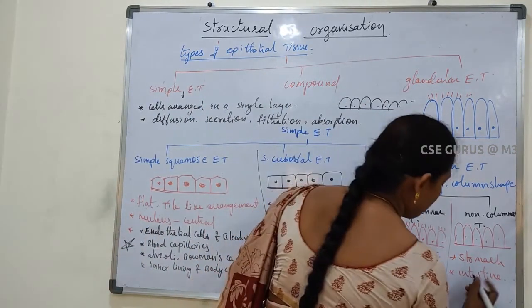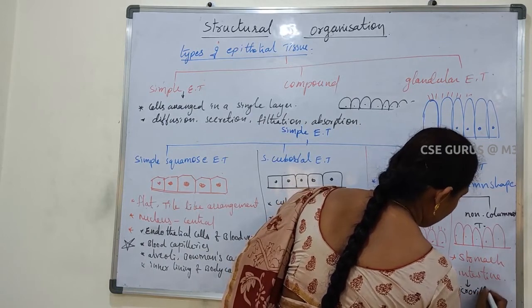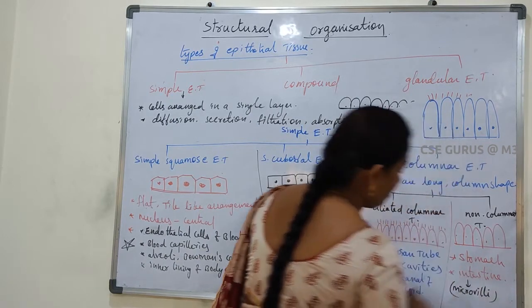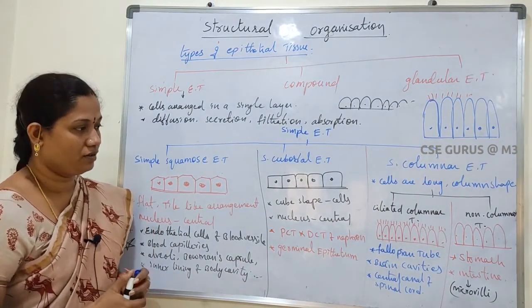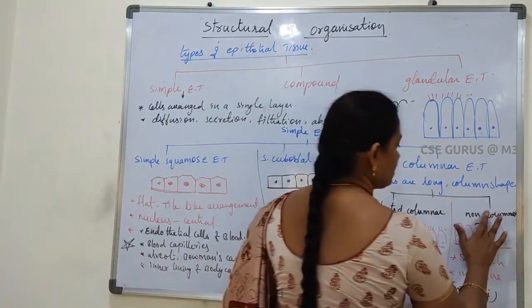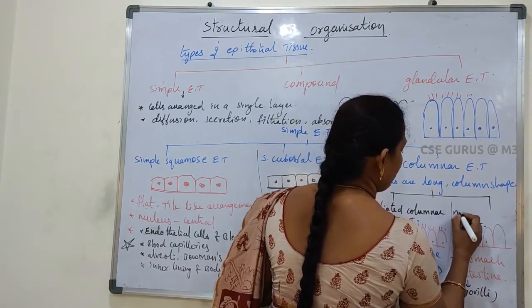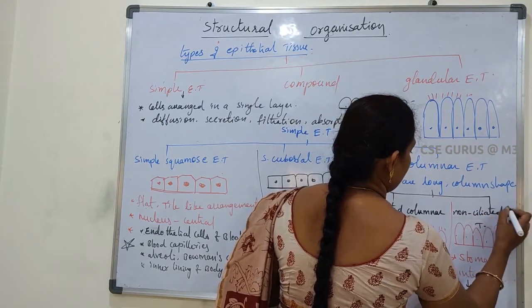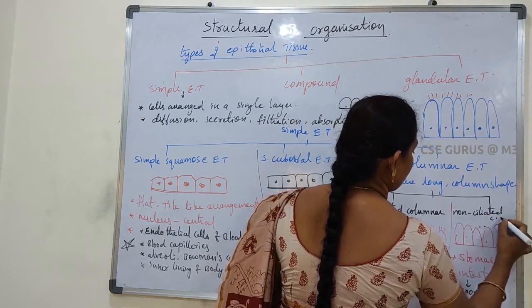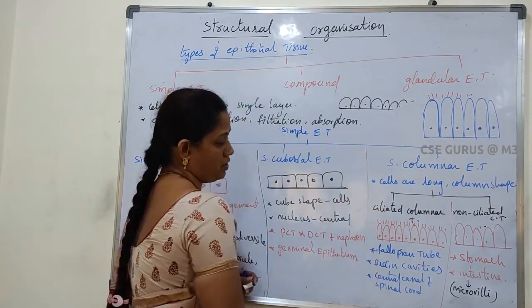In the intestine, microvilli are present. So this is non-ciliated columnar tissue. The earlier one is ciliated columnar tissue.